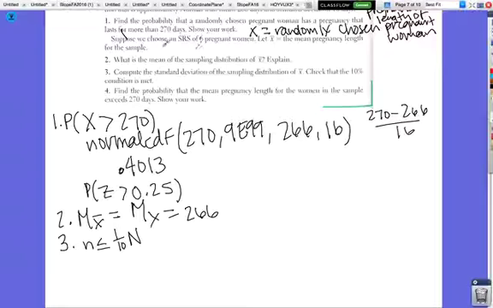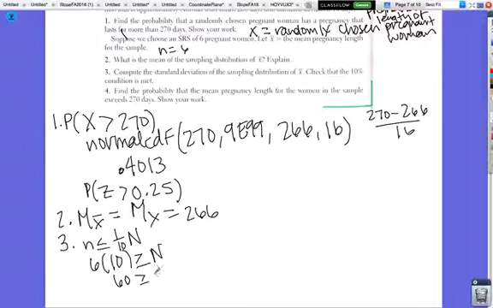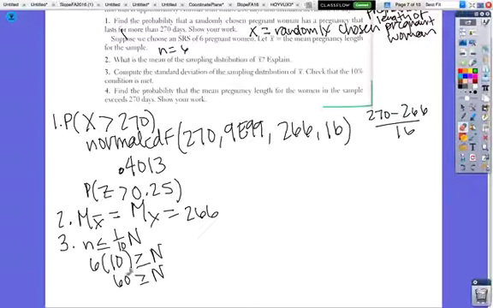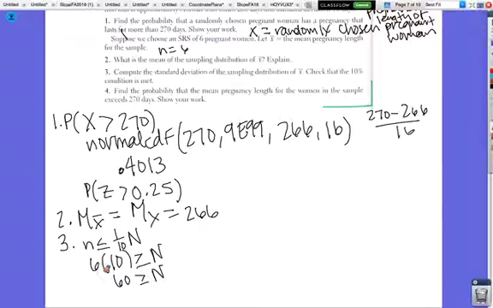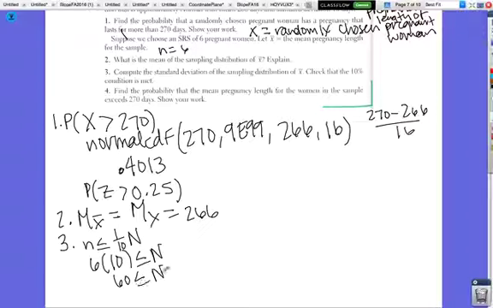And so our n is 6, which means that our capital N, our population, has to be greater than or equal to 6 times 10, so 60. Actually, I have that backwards. We definitely have more than 60 pregnant women in the world, so we are good to go.